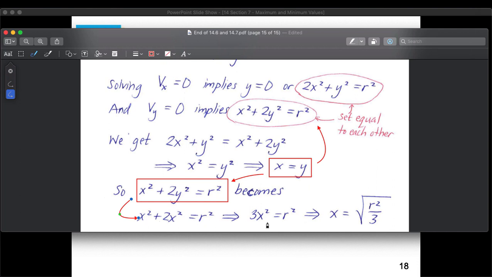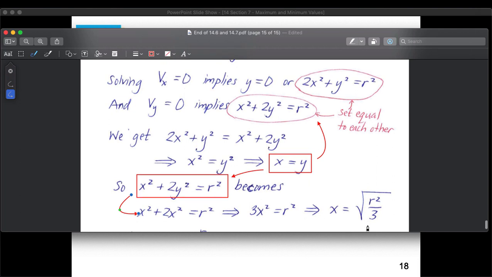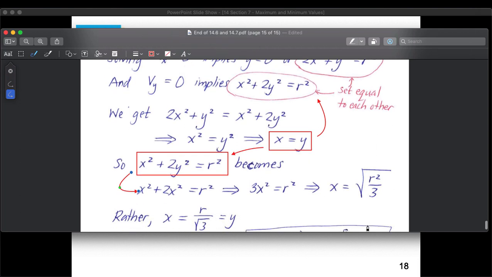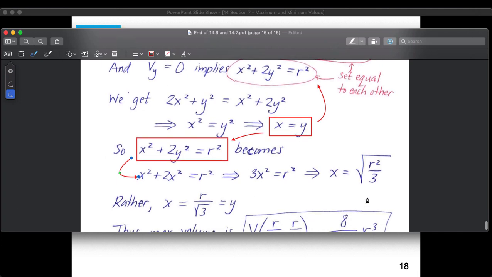Solve for x, and you end up getting this. So you end up getting the square root of r squared over 3, which reduces to simply r over the square root of 3. And once again, because x equals y, I can just go ahead and set y equal to the same value without having to solve for it again.